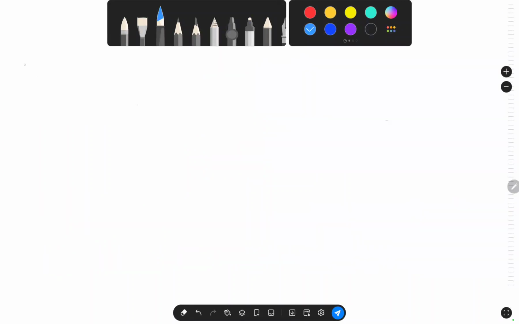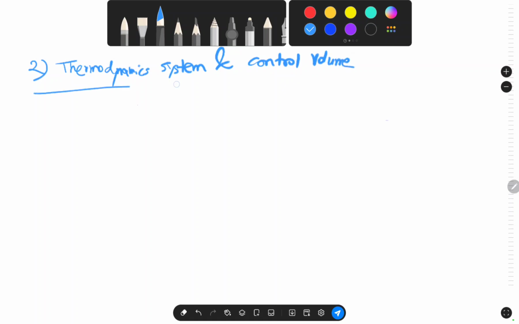The next point of our discussion is the thermodynamic system and control volume. In a thermodynamic system we consider a fixed amount of mass in space, and anything outside the mass is the surroundings.